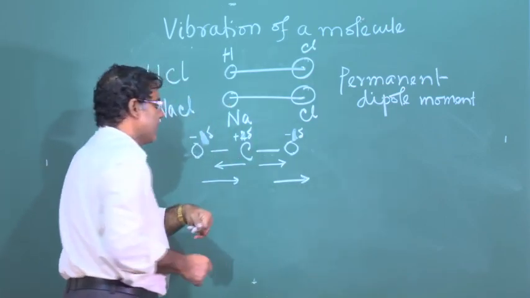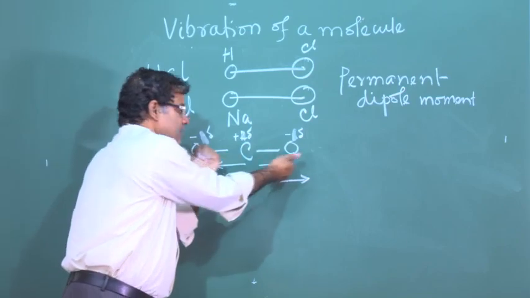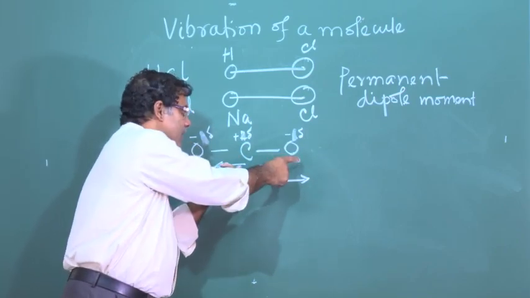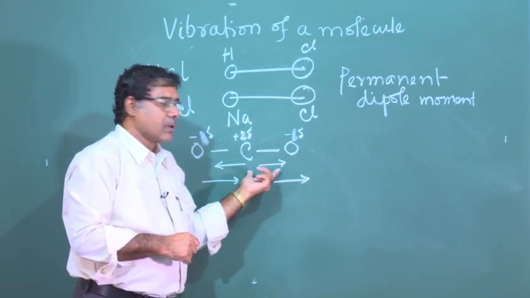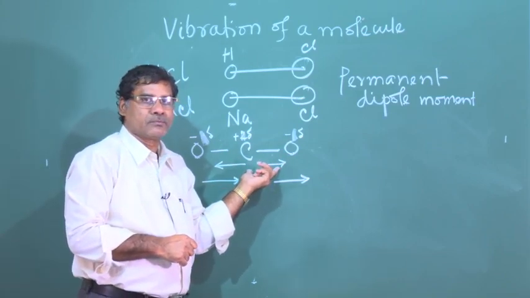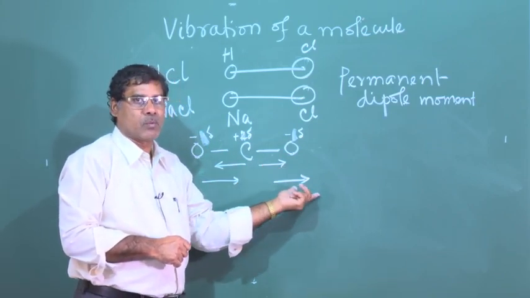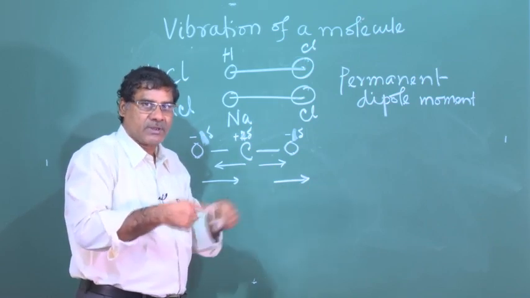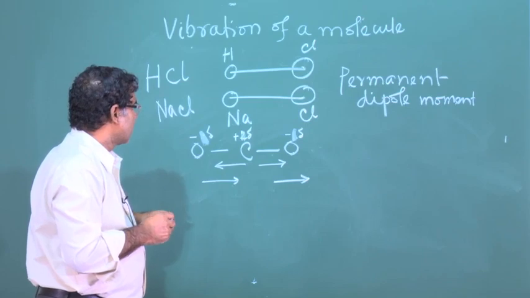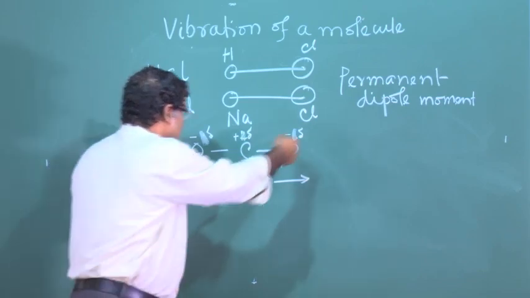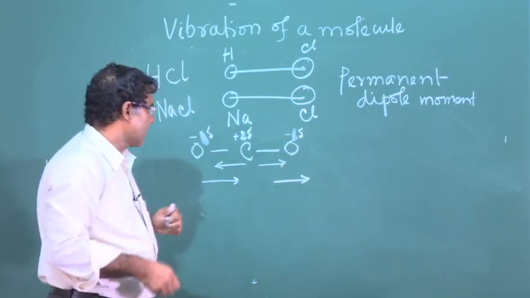So, the direction is of course opposite, but now the magnitudes are different. So, it will show a net dipole moment due to this oscillation, this vibration.